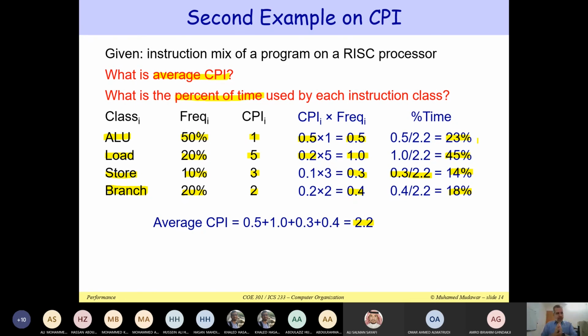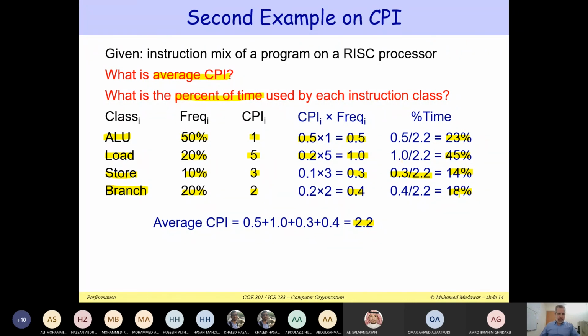Even though only 20% of the total instruction count is load instructions, they take 45% of the execution time. That's different, okay? And 14% is spent by store and 18% by branch.